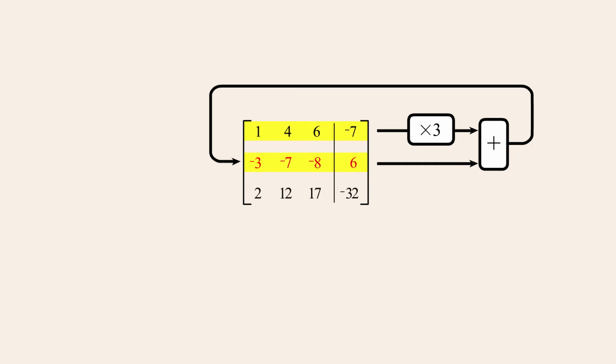All we care about at this point is making the first entry in row 2 0. We notate this pivot operation by writing R subscript 2 plus 3 times R subscript 1, followed by an arrow and R subscript 2, indicating that 3 times row 1 is added to row 2, with the sum replacing row 2.